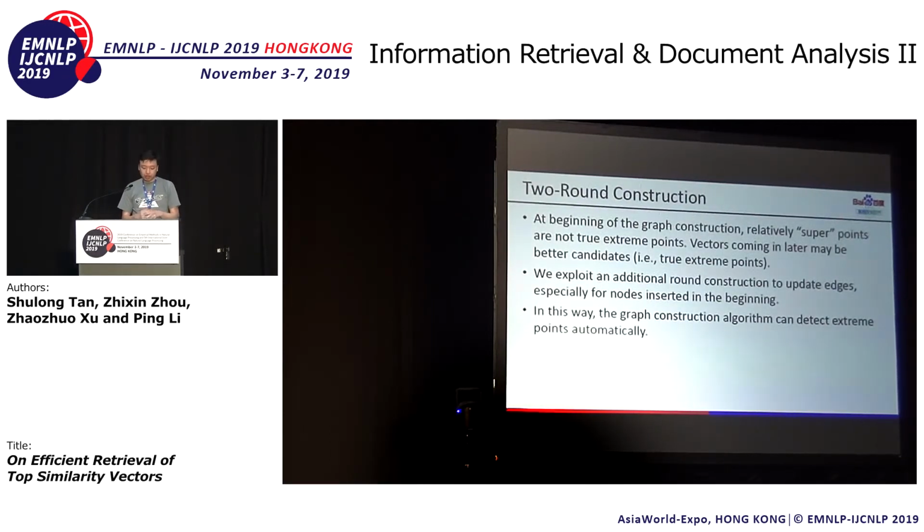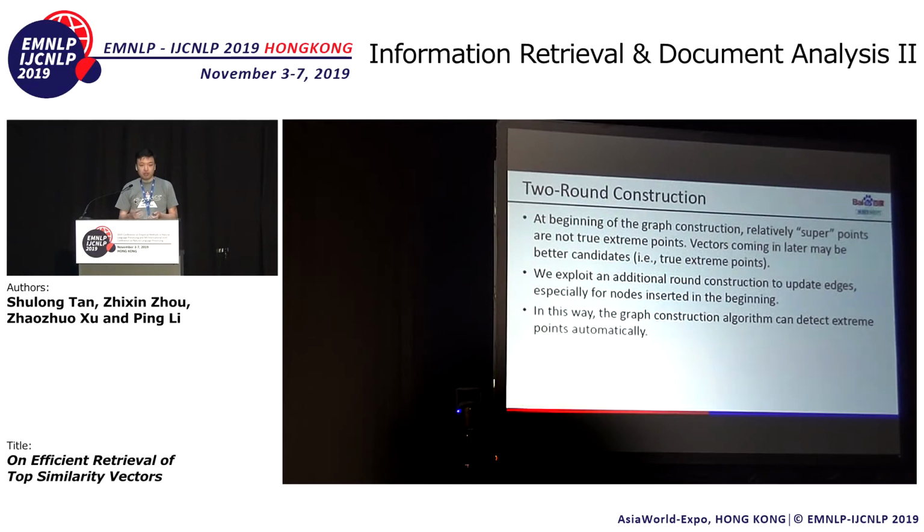Another contribution of our paper is a two-round construction. At the beginning of the graph construction, the points seen so far are not true extreme points. Vectors coming in later may be better candidates. So the solution is to exploit an additional round of graph construction to update the edges, especially for those nodes coming at the beginning.